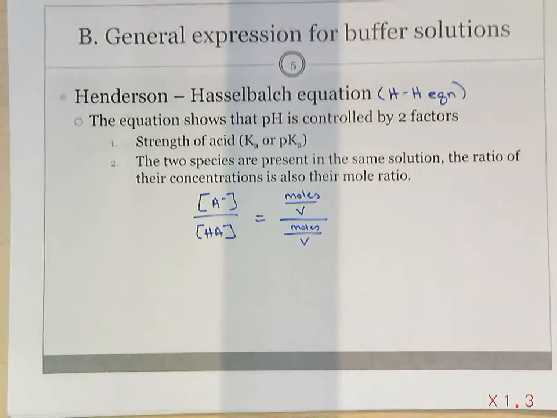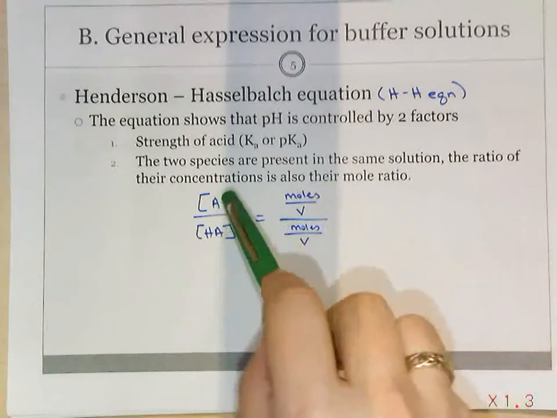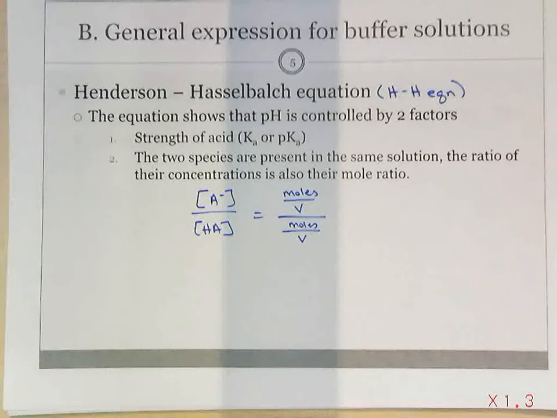If I make a solution that has both the conjugate acid and base in it, what is true about the volumes? They're additive. Would the volume on top and bottom be equal? Yes, right? Because I pour both of them into a 250 milliliter flask or 500 milliliter flask, so the volumes are equal, which means they cancel.